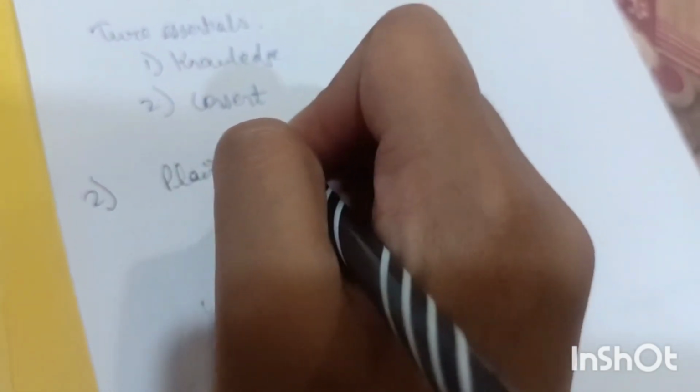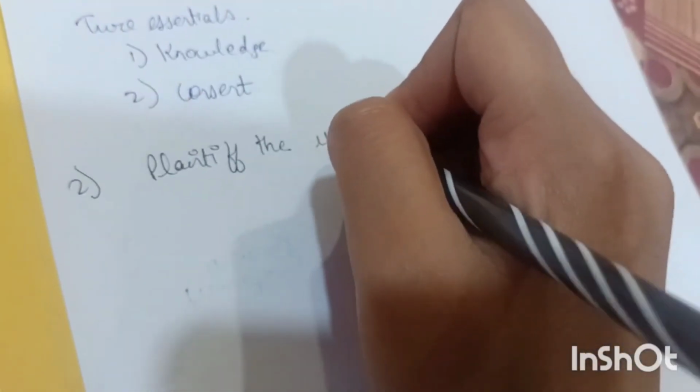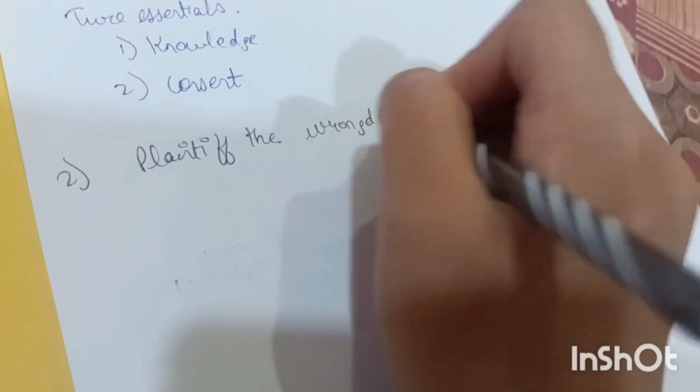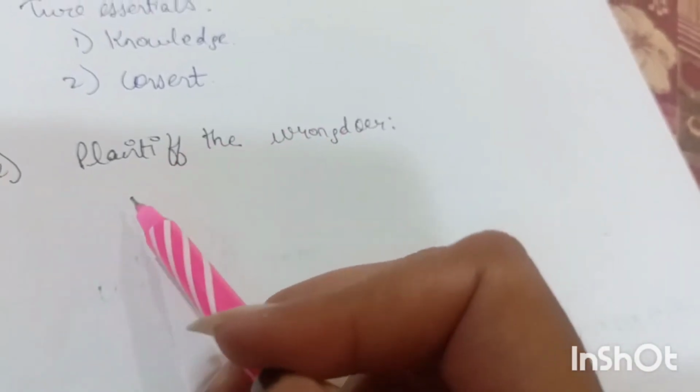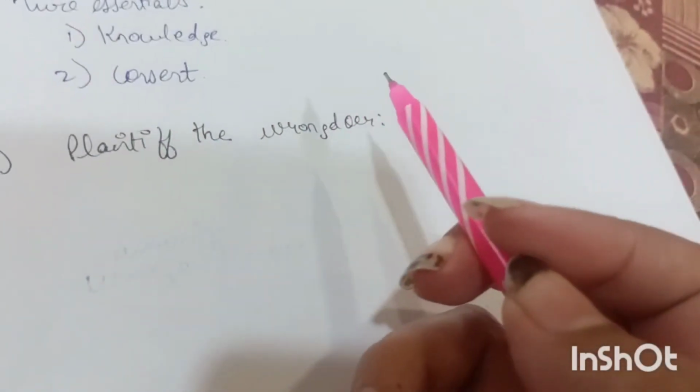Okay, so now the second one is plaintiff, the wrongdoer. So in this case, you know that plaintiff is the one who files the case. So when it is the plaintiff's own mistake, then the case cannot be filed.